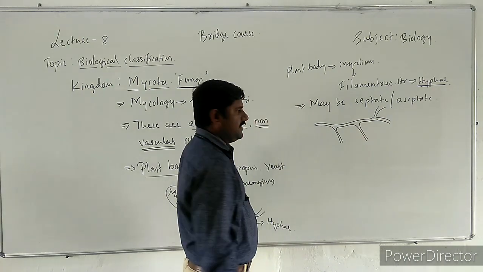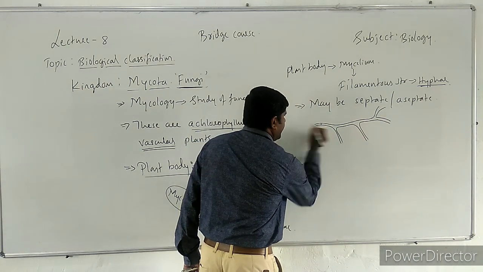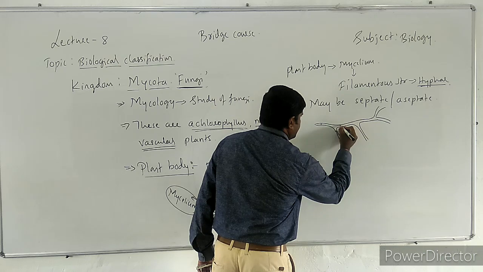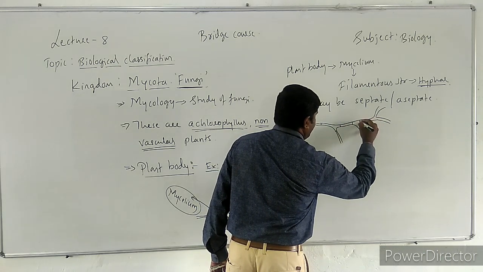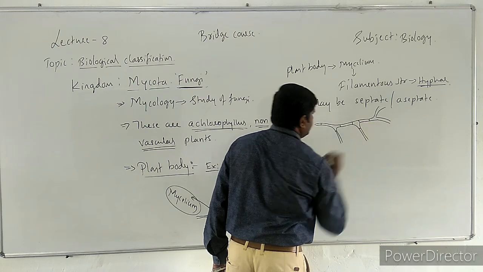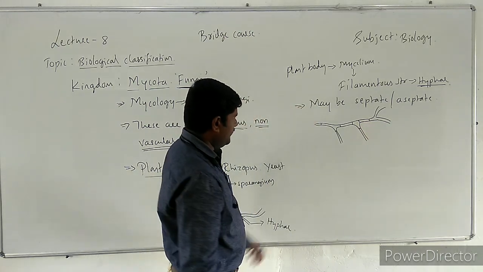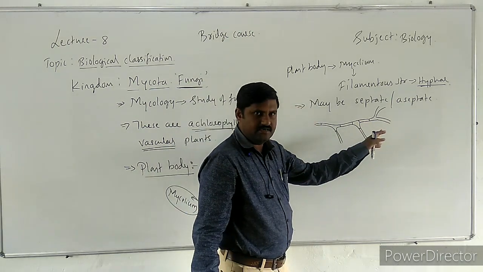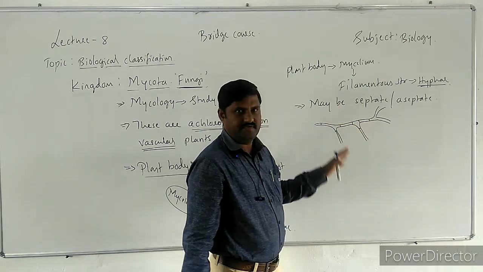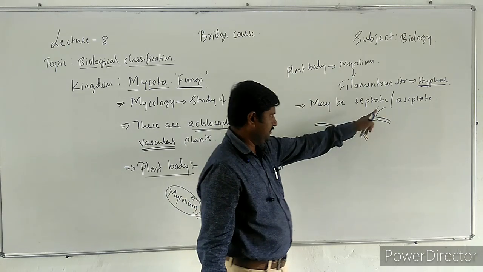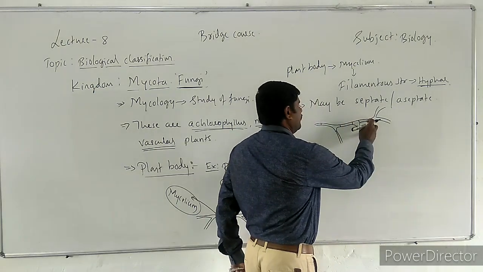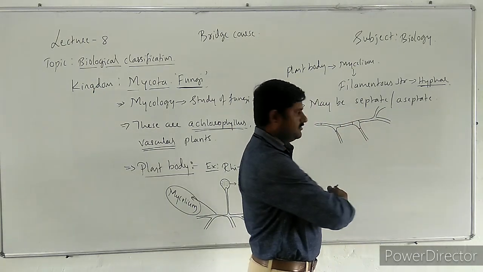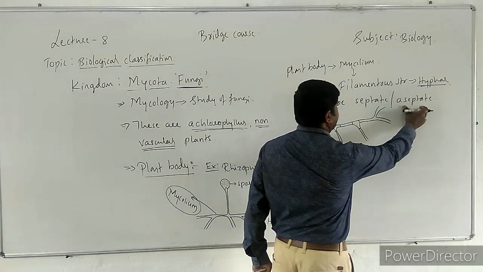If septa are provided like this, then the hyphae is said to be septate. If there are no septa present within the hyphae, then it is said to be aseptate.